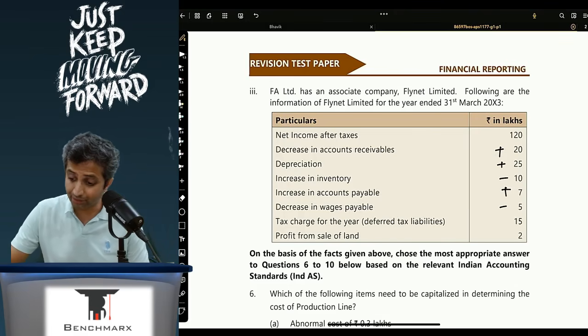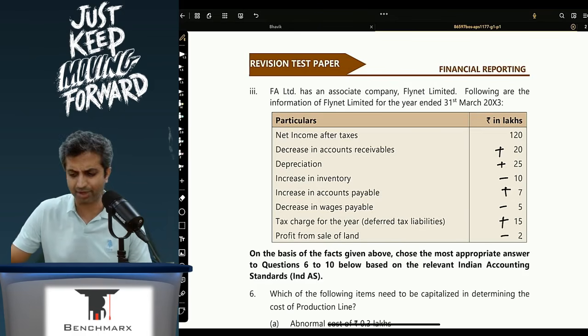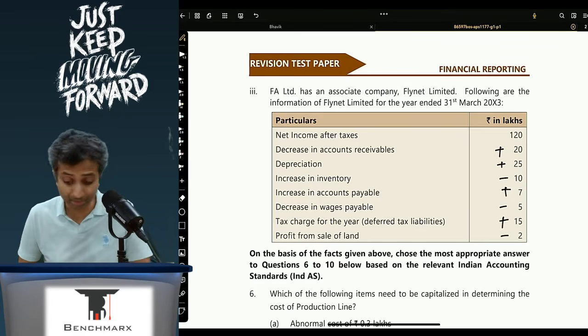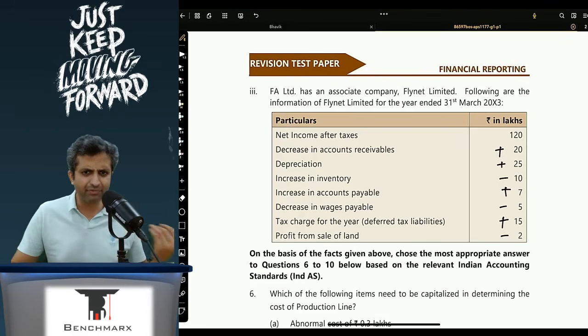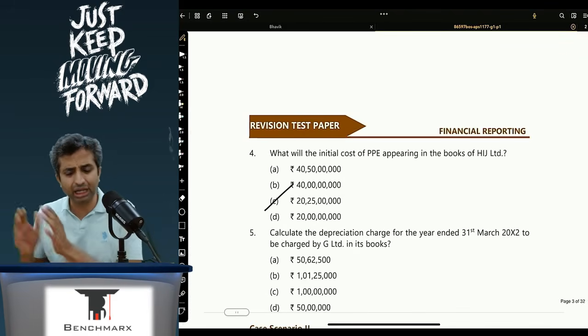Tax charge, deferred tax liabilities, deferred tax items, remember, are non-cash in nature, and hence you will also add this back. Profit on sale of land you will subtract, and that is what will give you your cash flow from operations. So this is a brief discussion on the other parts.